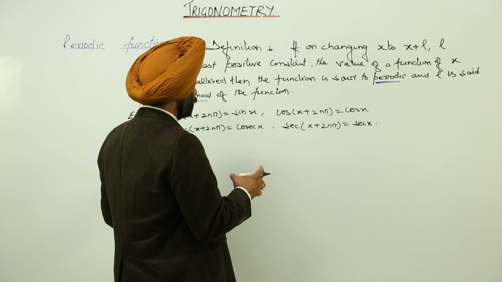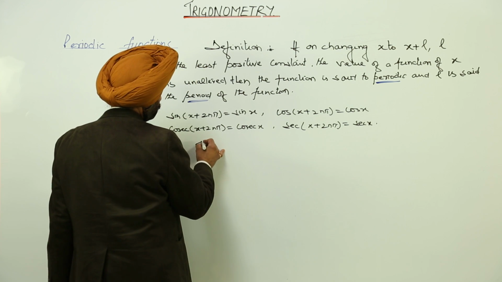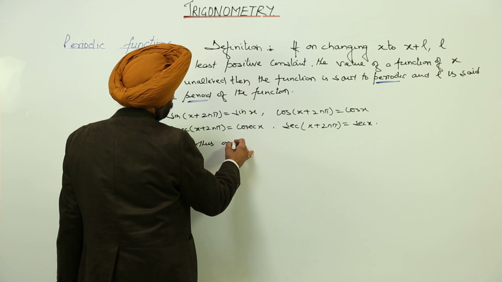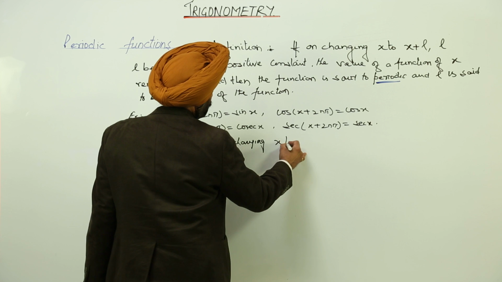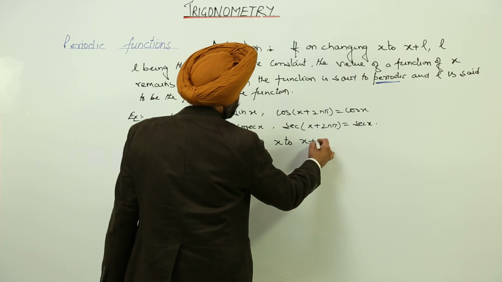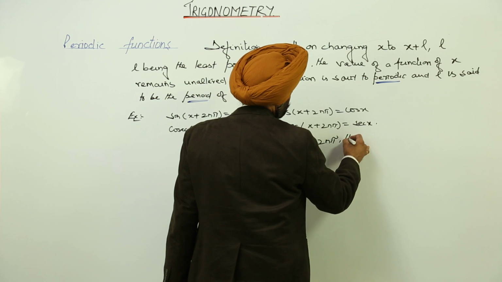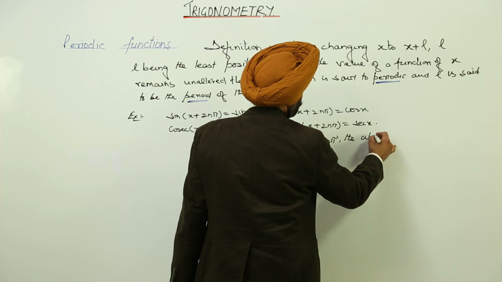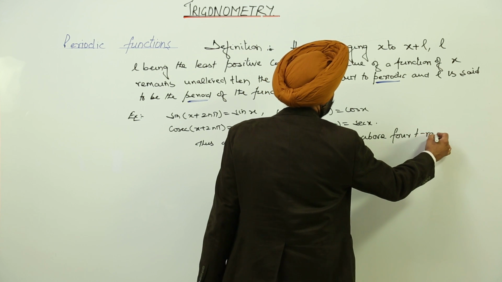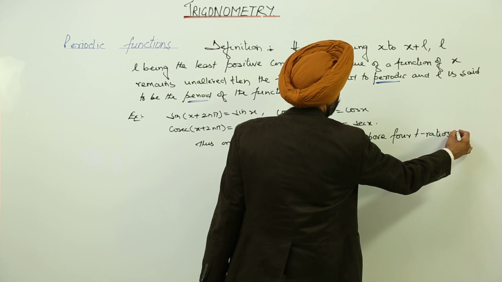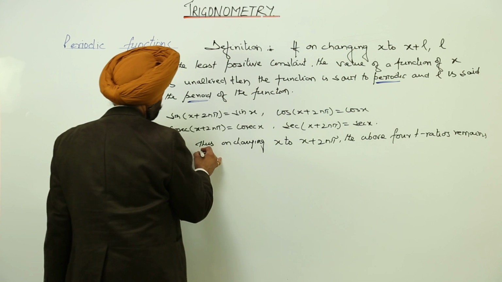Okay, so for these 4 now, thus on changing x to x plus 2n pi, the above 4 t ratios remain unaltered.